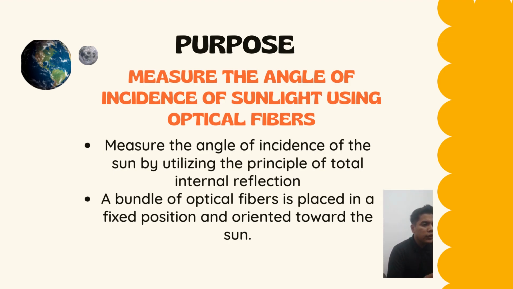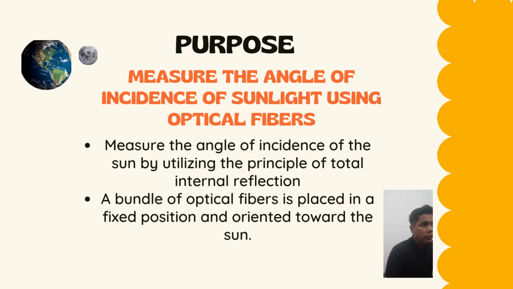As the sun moves across the sky, the angle of incidence changes and the amount of light reflected by the fiber also changes. By analyzing the amount of reflected light, the angle of incidence can be calculated and used to determine the position of the sun.